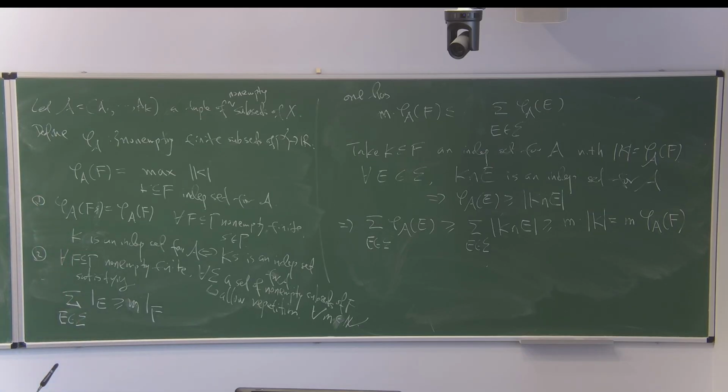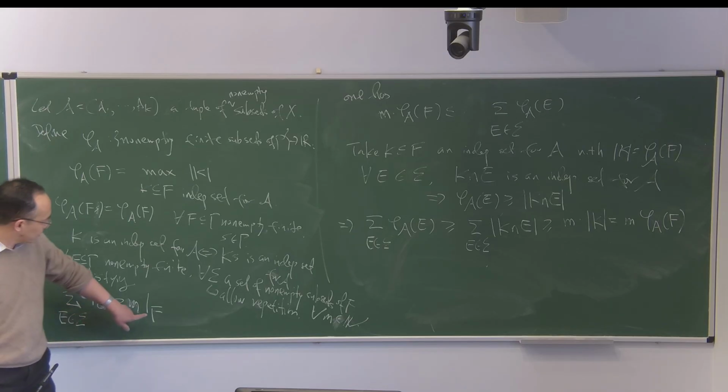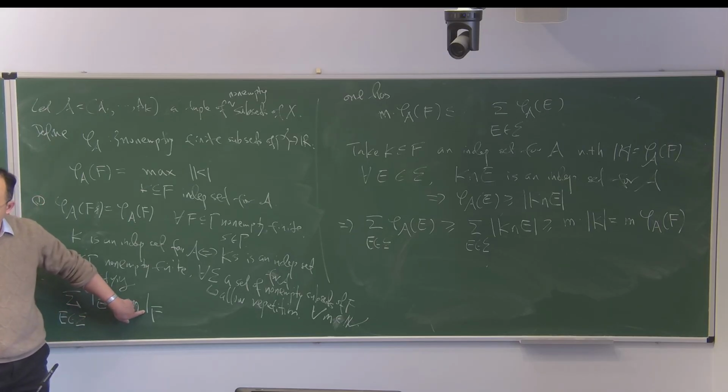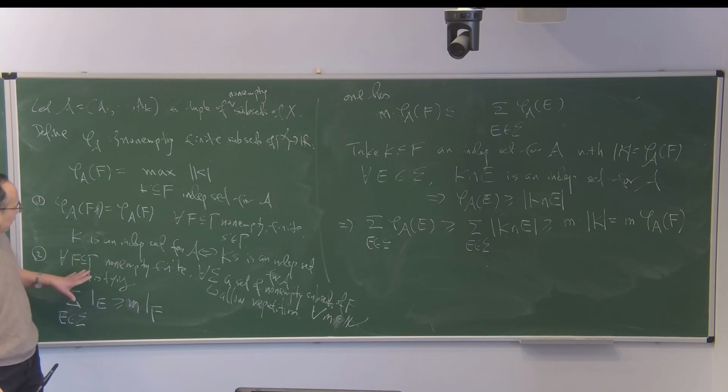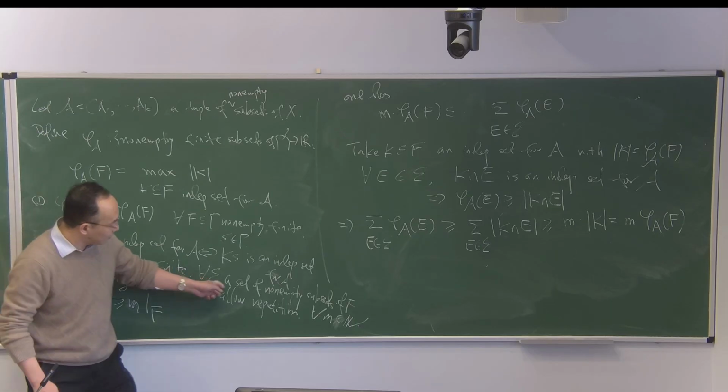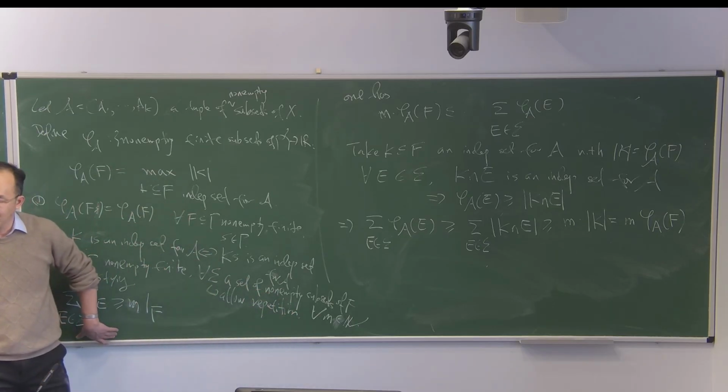Questions? Is this for all M and N? This thing is larger than M times phi of F for all M? Yeah. Not for every M, just whenever we have F and E and M satisfying this condition.